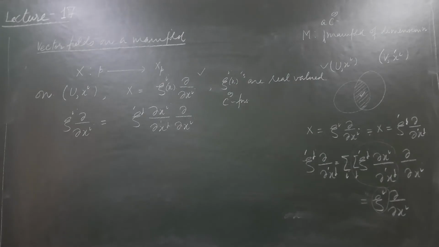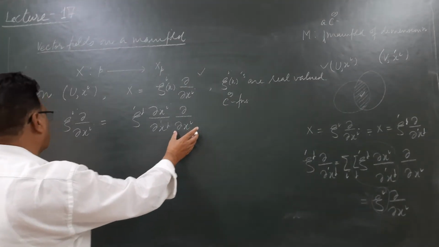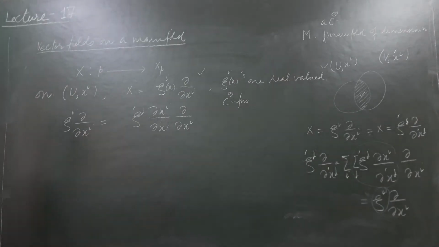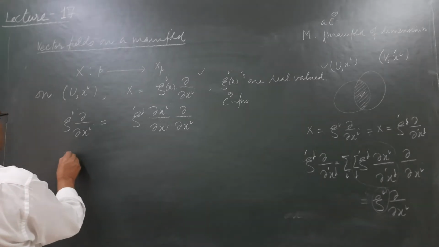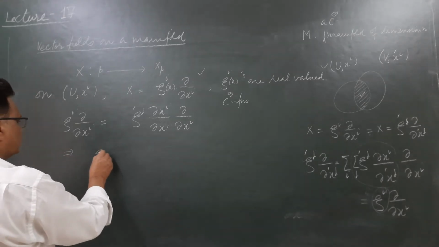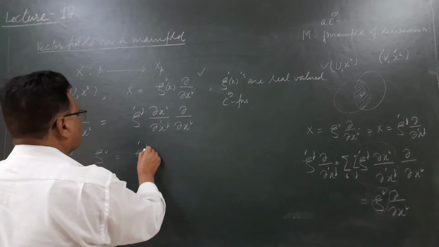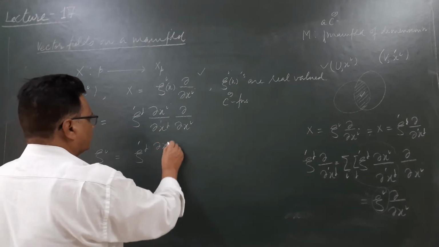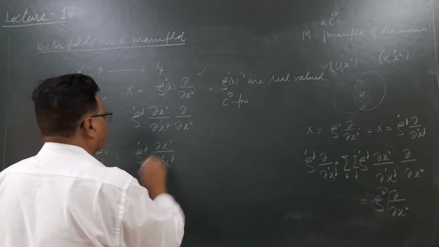Okay. So you have a linear combination of ∂/∂x^i on the right side, as well as a linear combination of ∂/∂x^i on the left-hand side. So corresponding components must be the same. So this implies that ξ^i is equal to ξ'^j ∂x^i/∂x'^j.